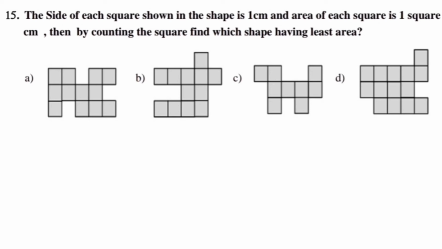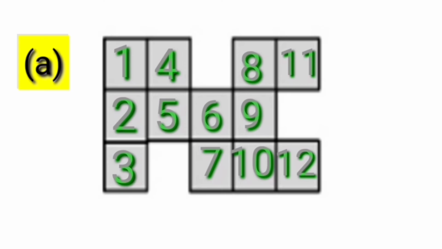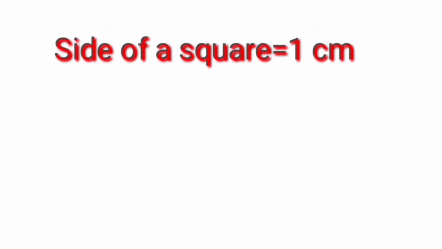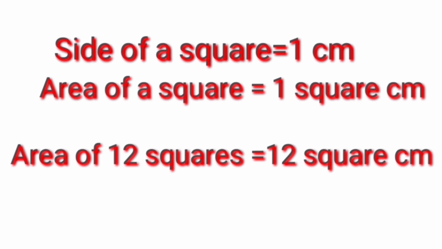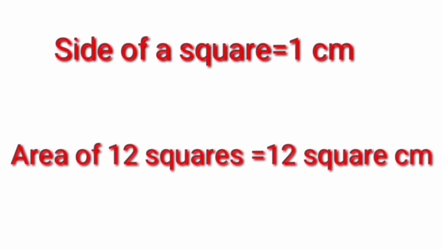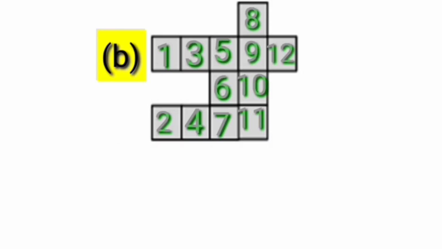So let's start counting. Yes, dear students, in option A, there are 12 squares. So dear students, we know that side of a square is 1 centimeter. So the area of a square is 1 square centimeter. That means area of 12 squares is 12 square centimeter.